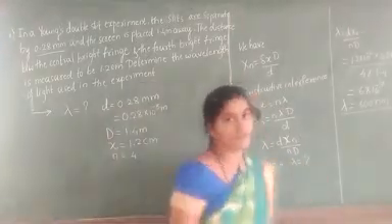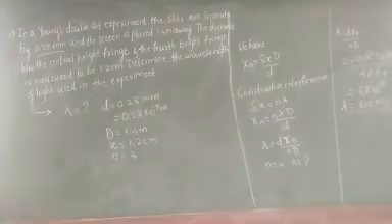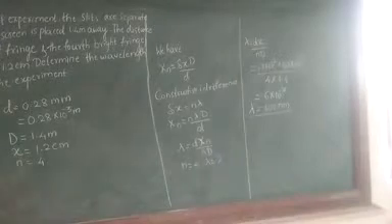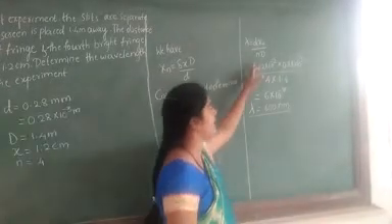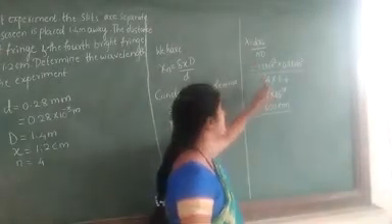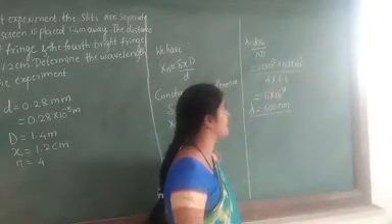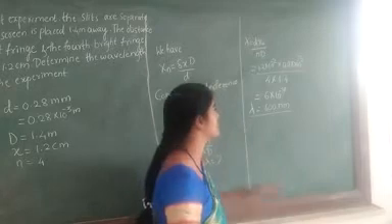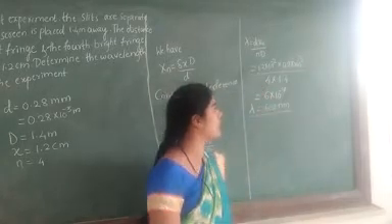Now according to the formula, lambda is equal to d into xn by n into D. Let's put the values: 1.2 into 10 raised to minus 2 into 0.28 into 10 raised to minus 3 divided by 4 into 1.4.